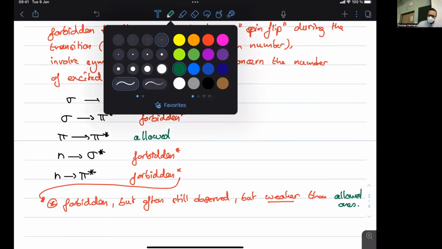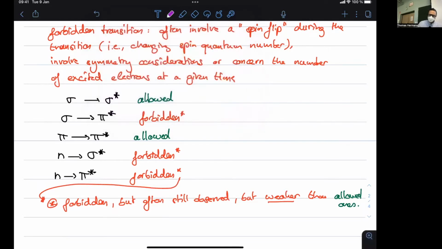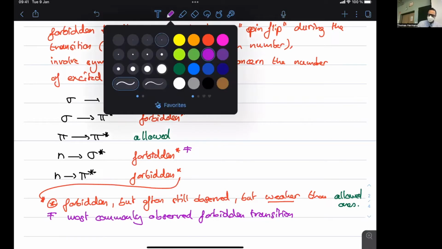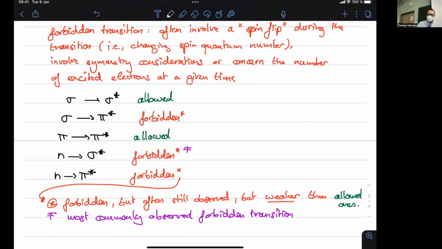And another little note. This is the most commonly observed forbidden transition.